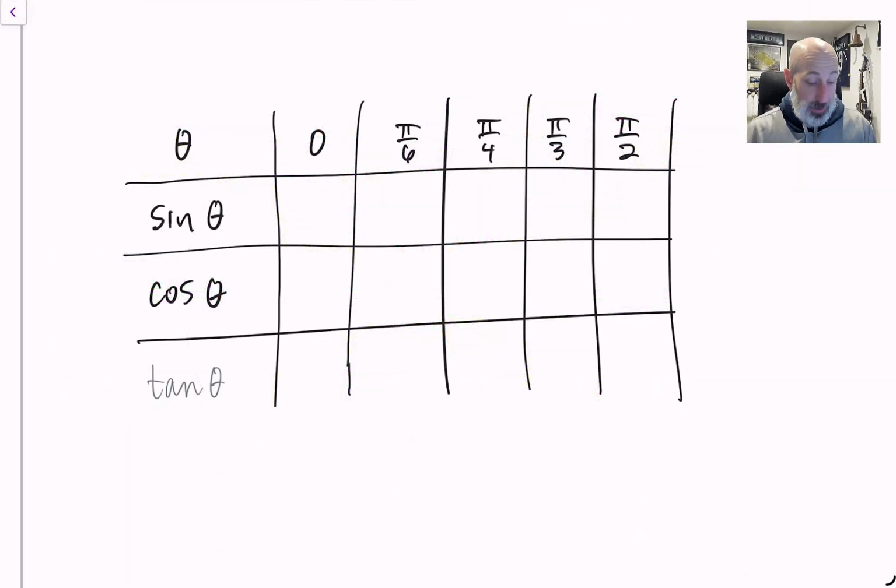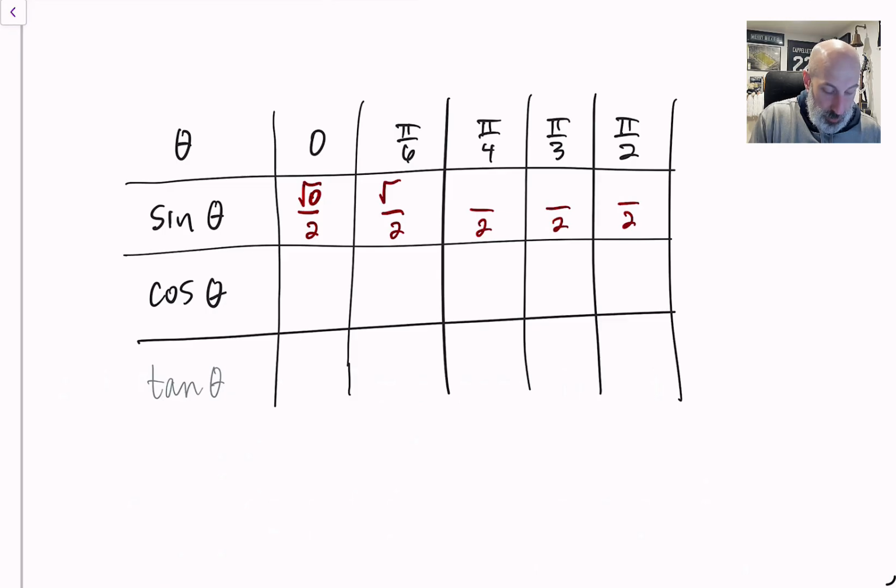All right, so the way I learned it, the table that I have here includes 0 and pi over 2 as quadrantals, and then the three angles in the first quadrant that we know. I learned that the pattern was they were all secretly over 2's, and then increased, following a pattern. We said root 0, root 1, root 2, root 3, and root 4, and then some of these simplify.